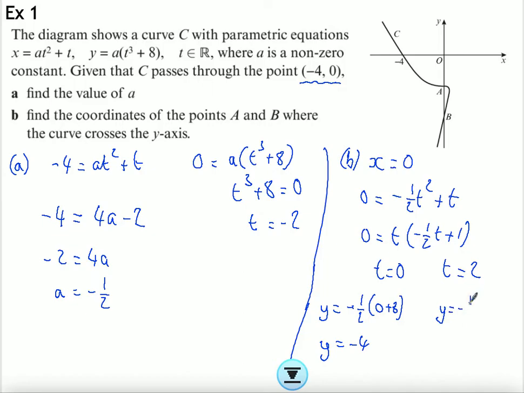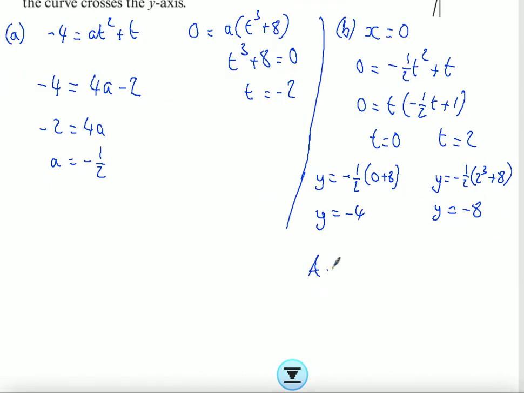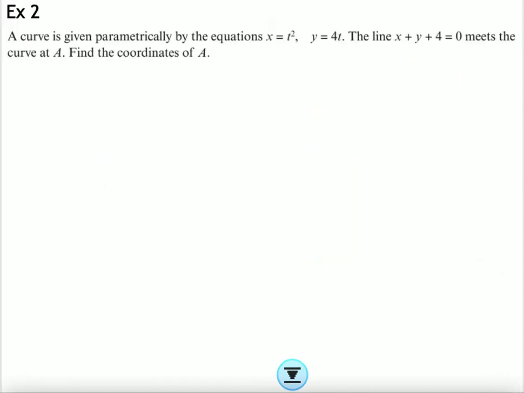We get -1/2, 2 cubed add 8, and we get y is -8. So what does that tell us? It tells us that A must be the coordinate (0, -4), and B must be the coordinate (0, -8). Lovely stuff.